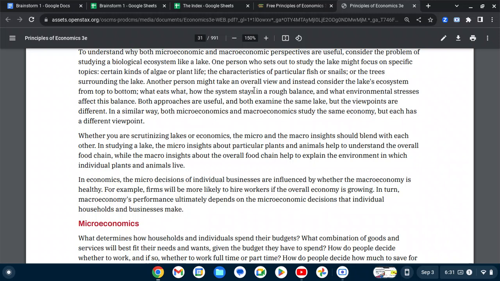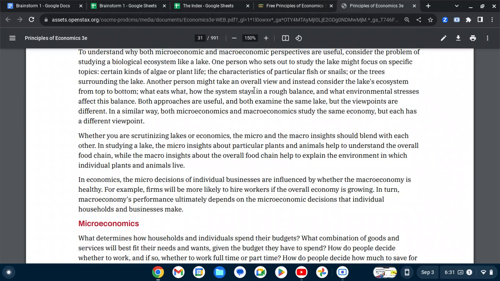Another person might take an overall view and instead consider the lake's ecosystem from top to bottom. What eats what, how the system stays in a rough balance, and what environmental stresses affect this balance. Both approaches are useful, and both examine the same lake, but the viewpoints are different. In a similar way, both microeconomics and macroeconomics study the same economy, but each has a different viewpoint.